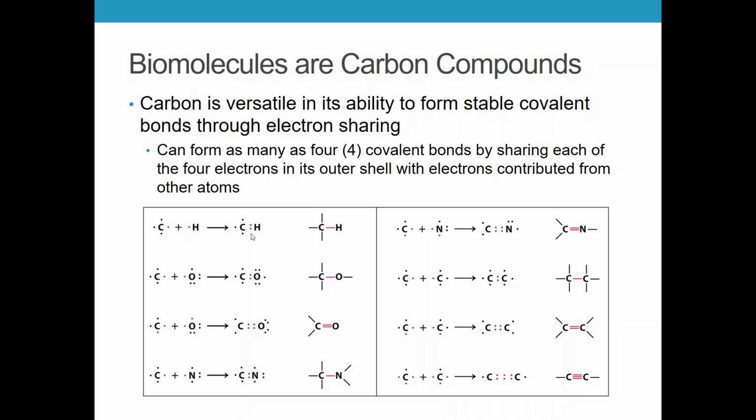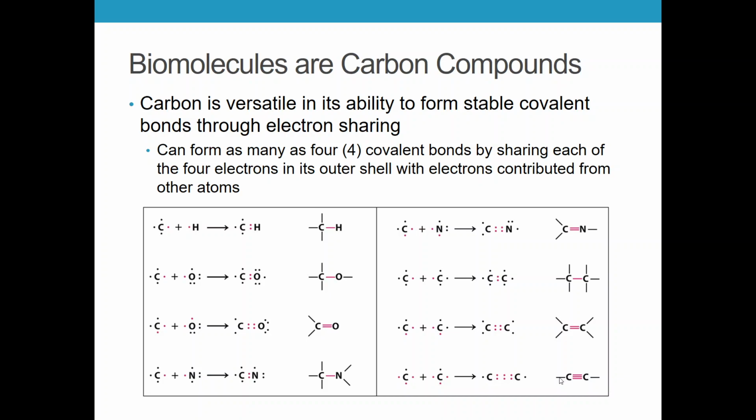bond. This can also occur with oxygen. You can get yourself a sigma bond, just a single orbital overlap. You can also form double bonds. So in the case of carbon and oxygen, you can also have 1 electron being shared in a common sigma bond, but you can also have a secondary orbital overlap that occurs through pi orbital overlap to give you the double bonds.